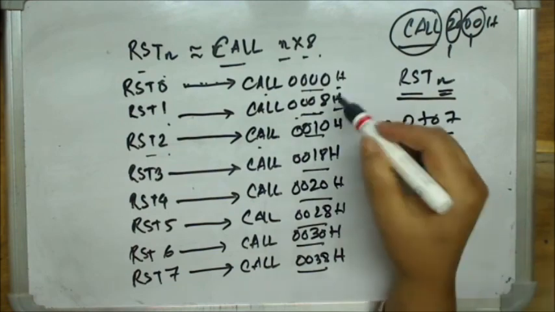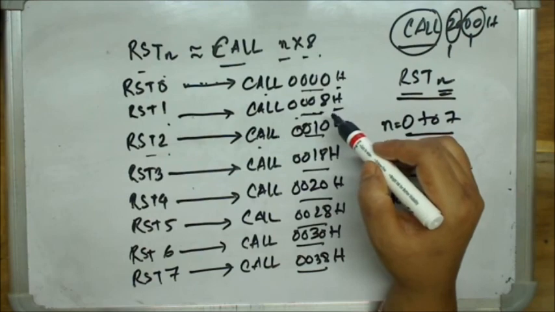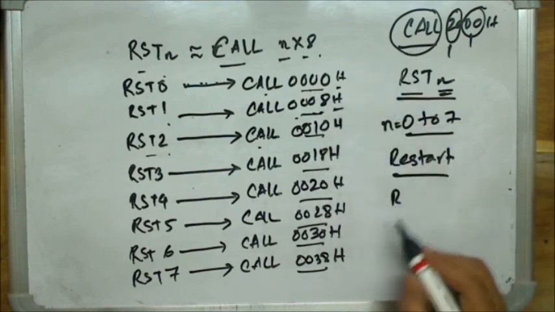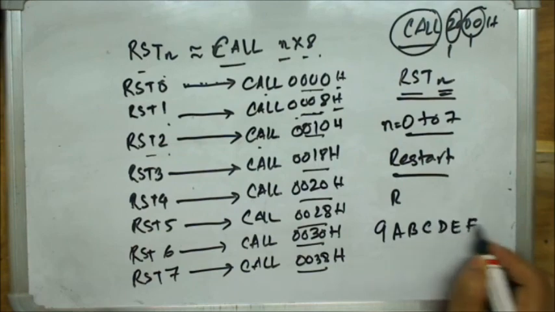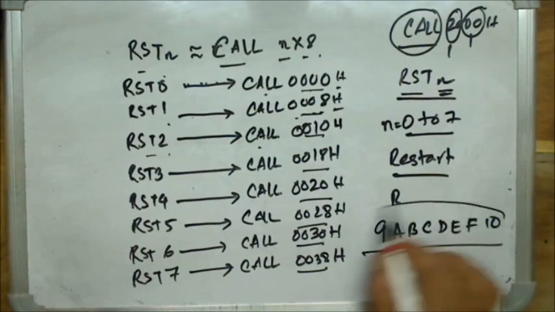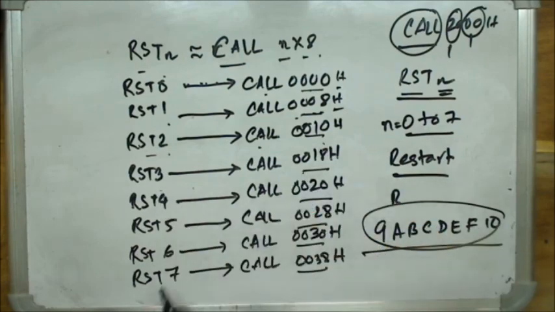You see there is a gap of 8: after 8 comes 9, A, B, C, D, E, F and 10. Likewise, RST3 calls 0018H, RST4 calls 0020H, RST5 calls 0028H, RST6 calls 0030H, RST7 calls 0038H. So these are the 8 RST instructions.